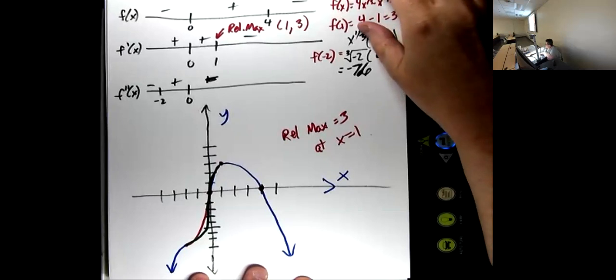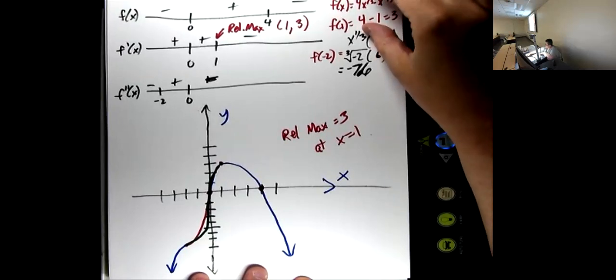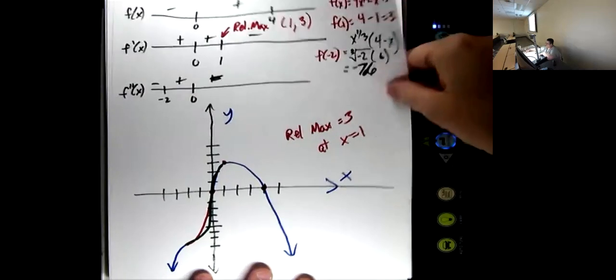So the maximums are the y values, the minimums are the y values. This comes up pretty important in 4.4, which we're starting now. 4.4 is on the absolute extremum.